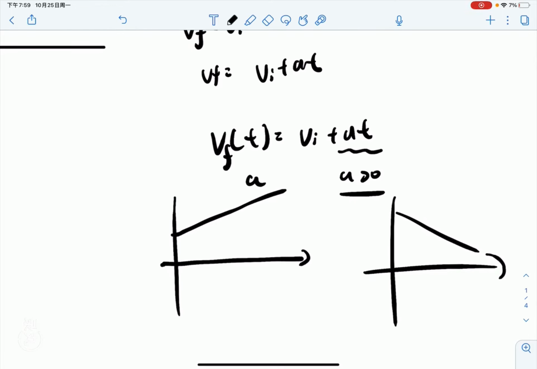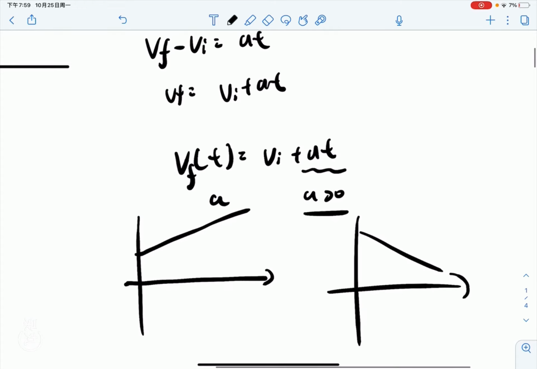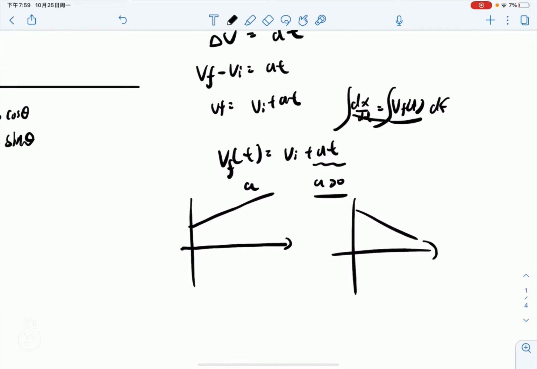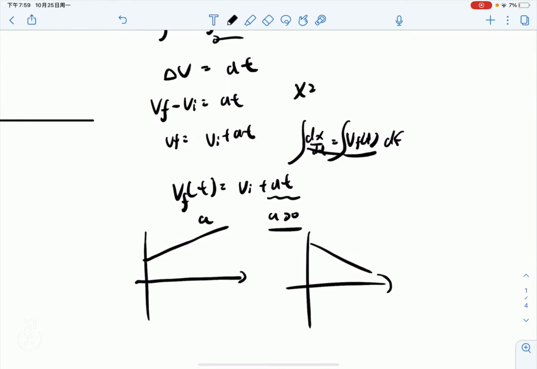So we know that dx is equal to v dt. You take the integral of both sides, and you get that the change in x is equal to vi t plus 1/2 a t squared.